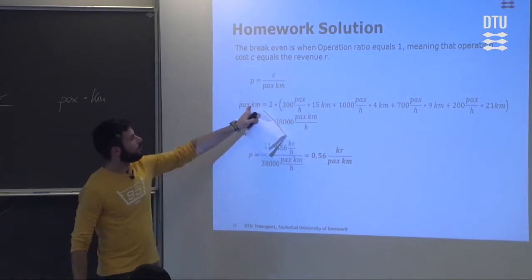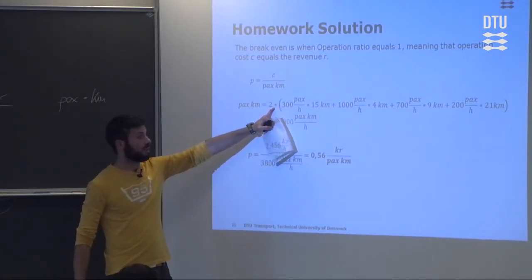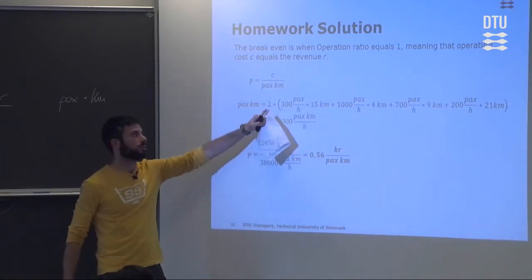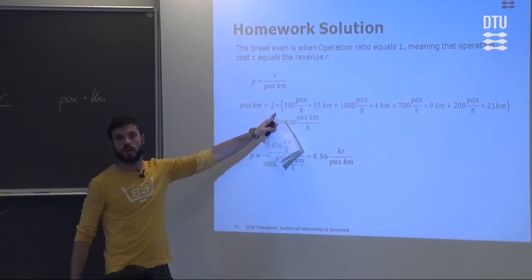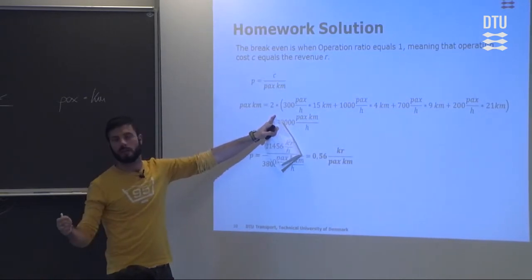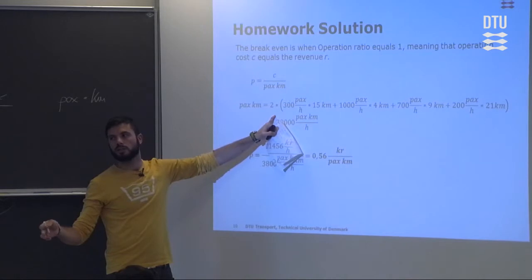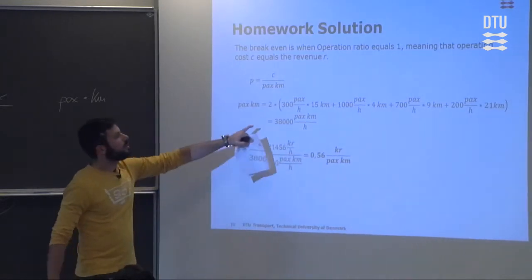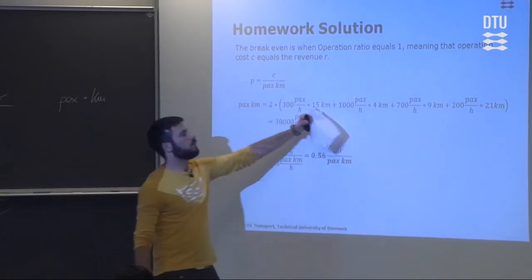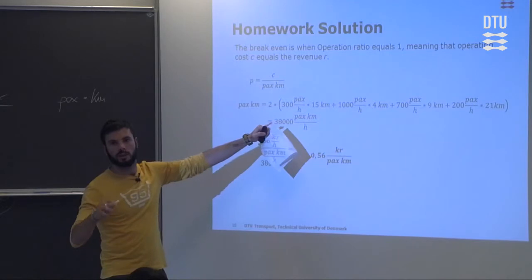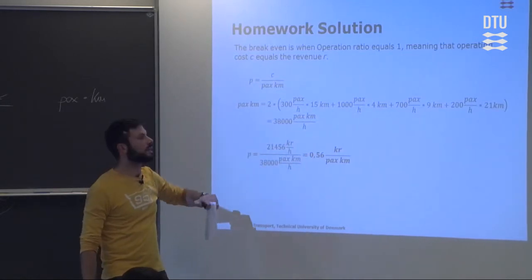Here many of you just forgot to multiply the distance by 2, because in the assignment it was said that the demand is 300 passengers per hour each direction. So that means that you have to sum it up again when the train is coming back. So these are all the segments. This is how I would do it, but many of you just multiplied the lines by their distance, and it's fair enough.